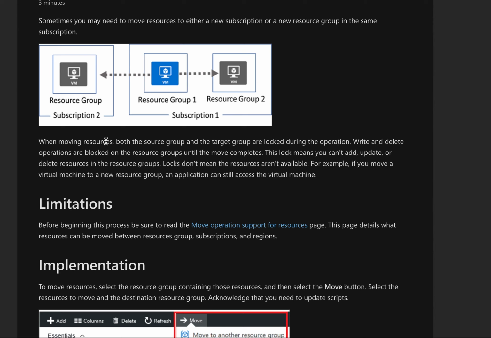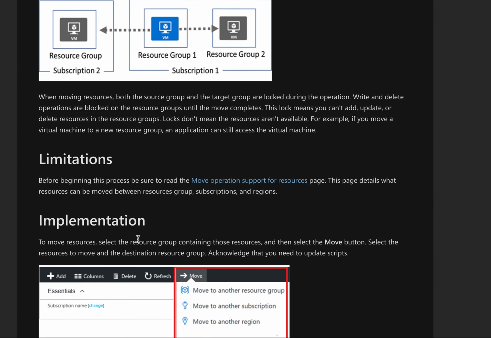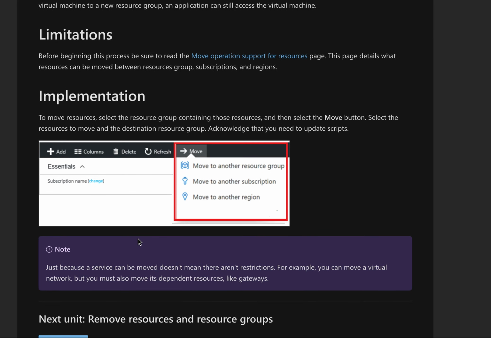So what we're talking about is you could still access it, but you can't modify or delete it, right? So that is that. And what are the limitations?